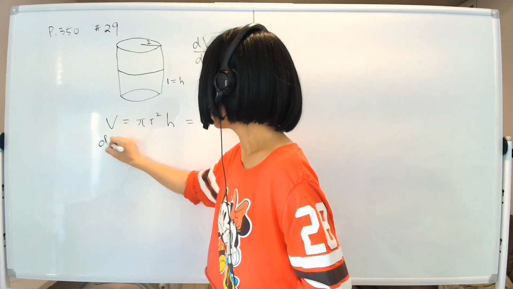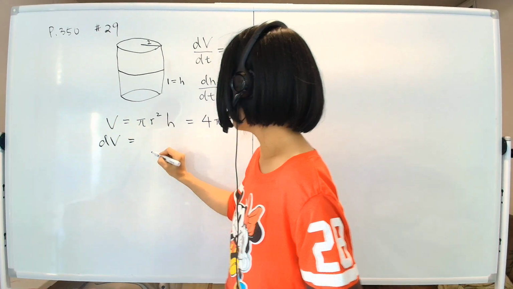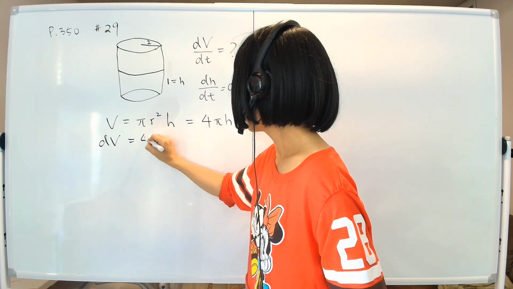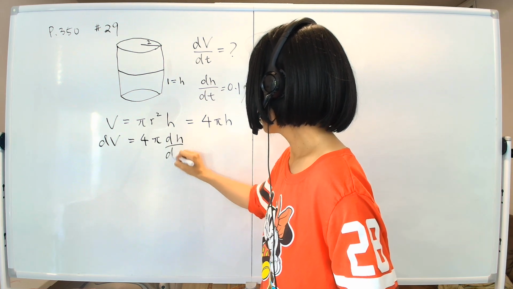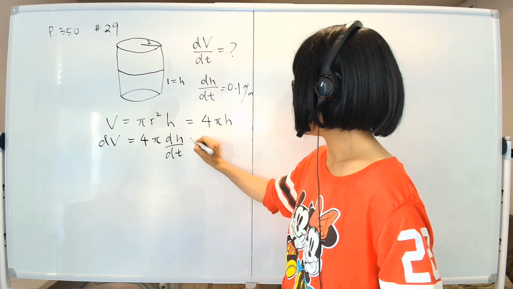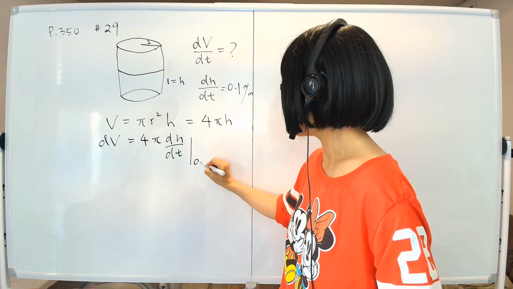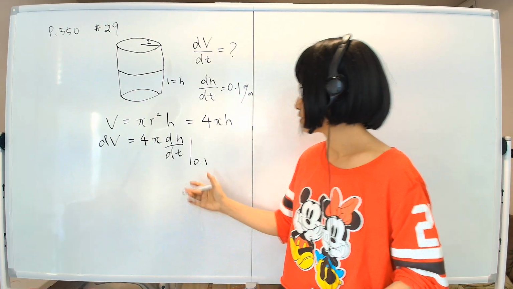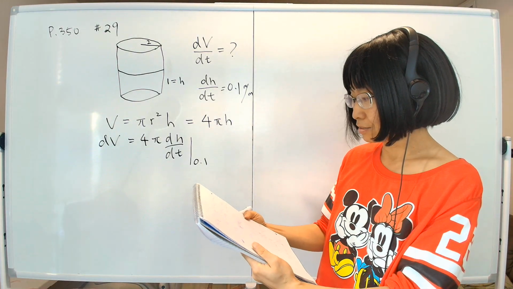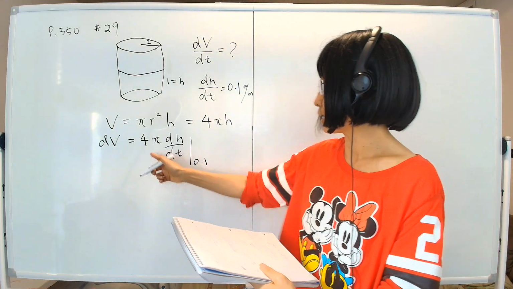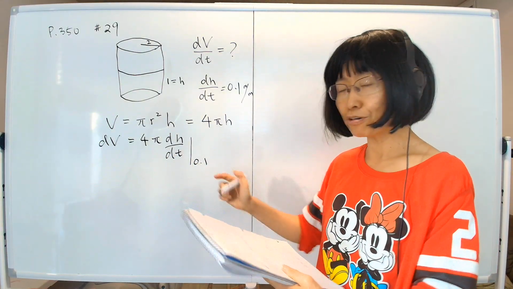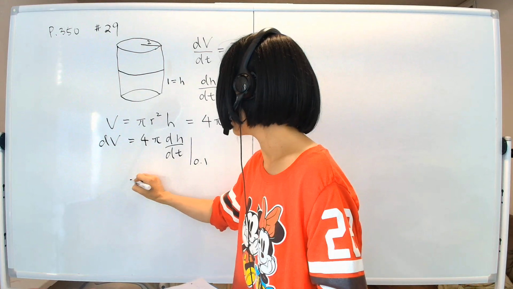So then dV by dt is, of course, 4 pi dh by dt, where dh by dt is substituted at 0.1, and so the answer would be 4 pi times 0.1, which is 4 pi divided by 10, or 2 pi divided by 5.